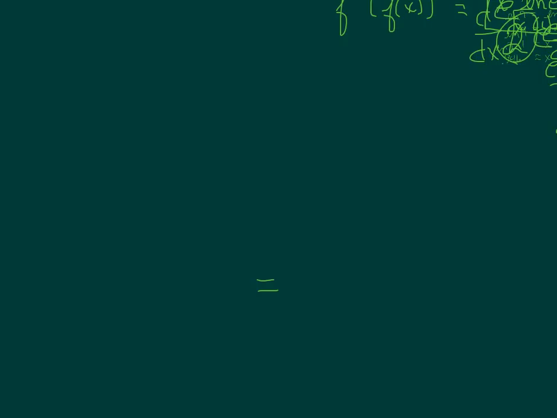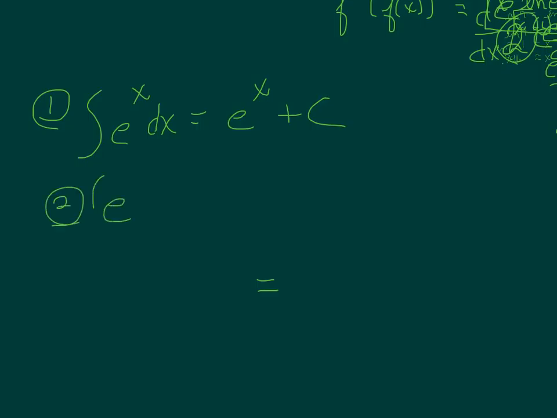So u is a differentiable function of x again. The integral of e to the x dx is e to the x plus c. And the integral of e to the u du is going to be e to the u plus c.